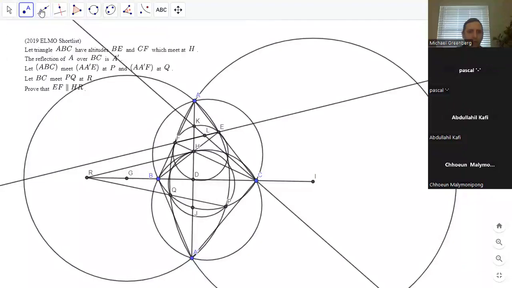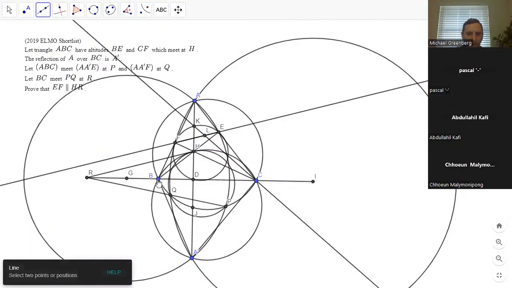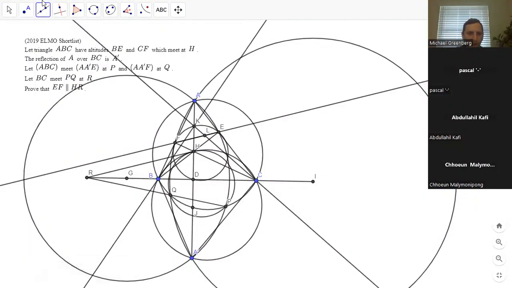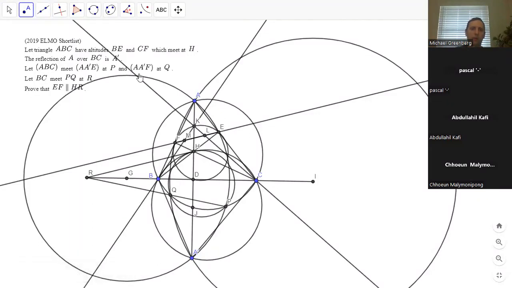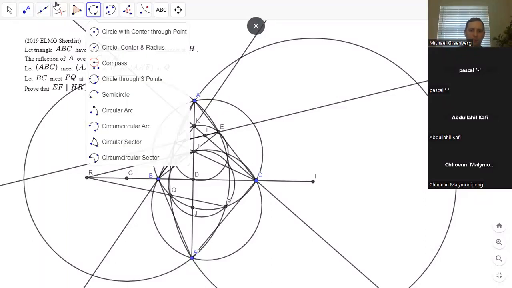And then let's draw BK. And it intersects that line at this point. So maybe we need to show, so we're saying the circle PHQ goes to DLM. Is that right?